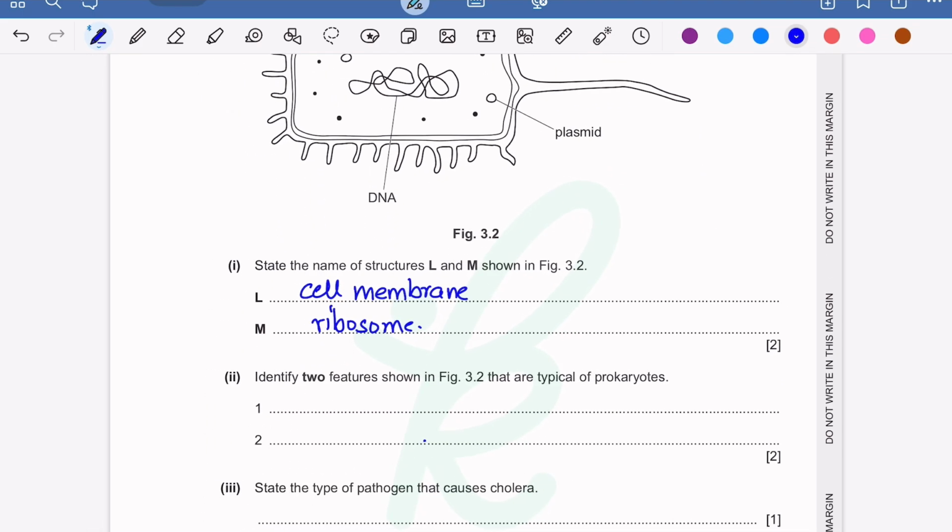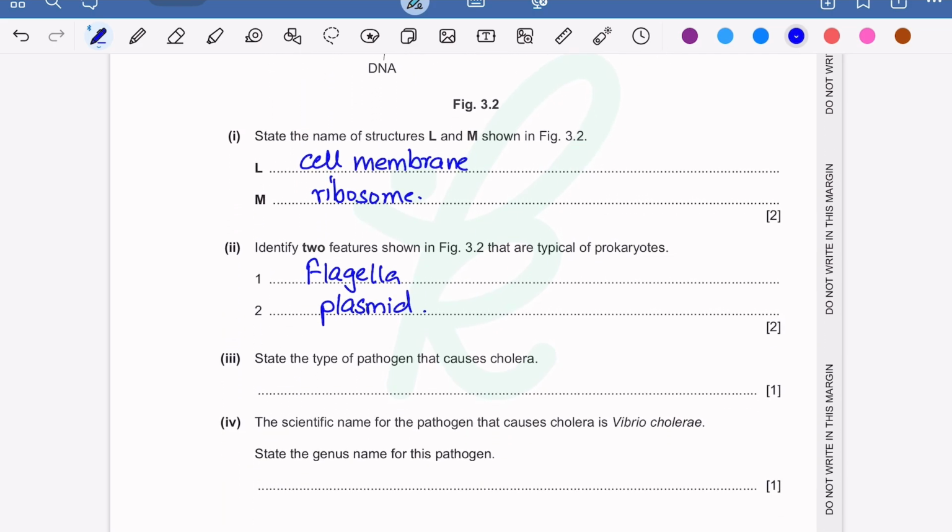Next question. Identify two features shown in figure 3.2 that are typical of prokaryotes. So we can see a flagellum present as well as the presence of a plasmid. So these two are the structures which are typical of prokaryotes. Next, state the type of pathogen that causes cholera.